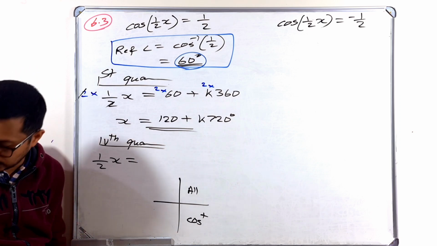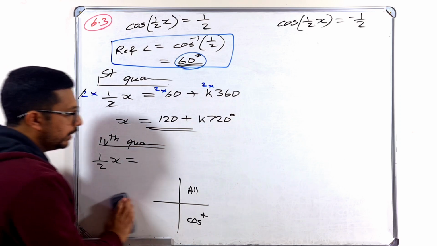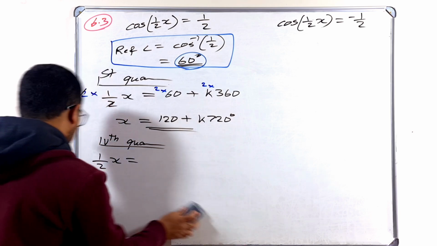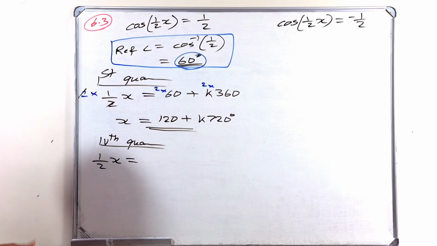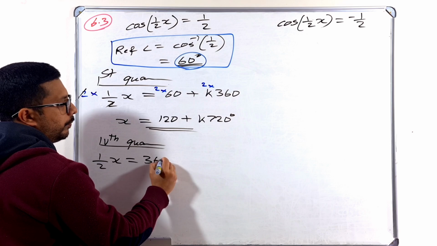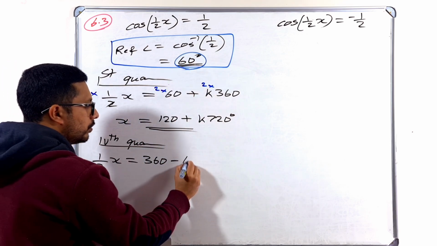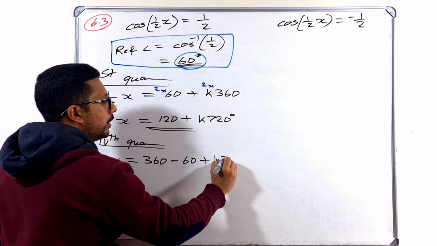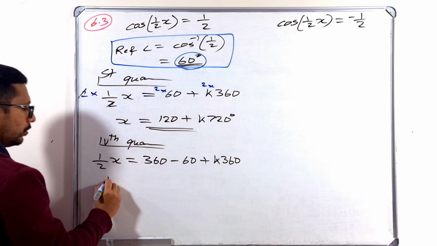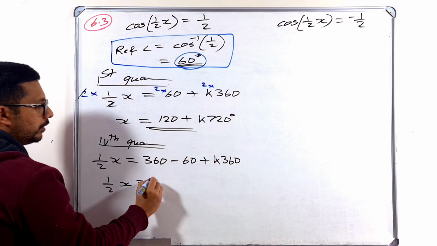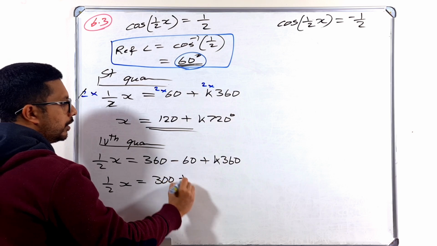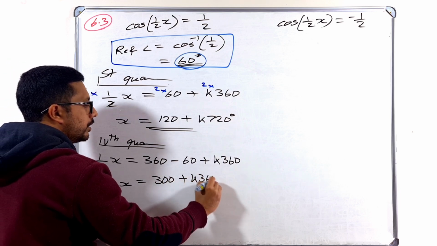So 360 minus reference angle. What is the reference angle? 60. So 360 minus 60 plus k 360. So half x is equal to 300 plus k 360.